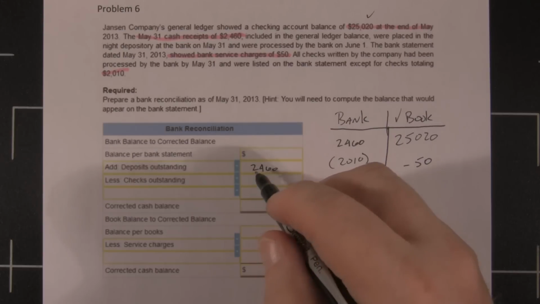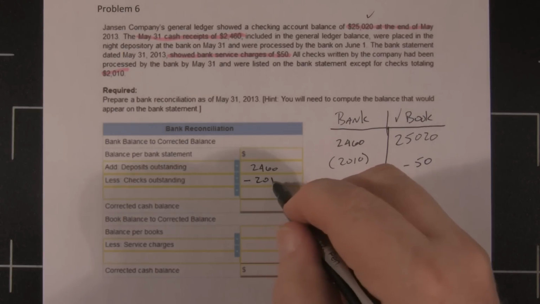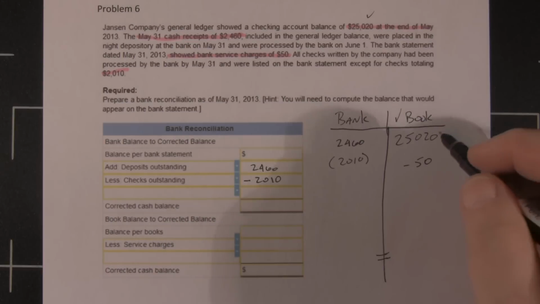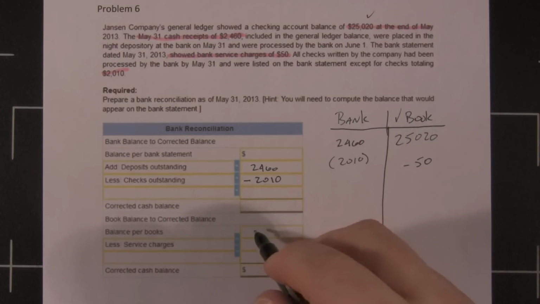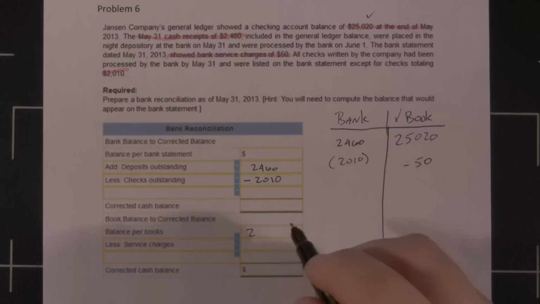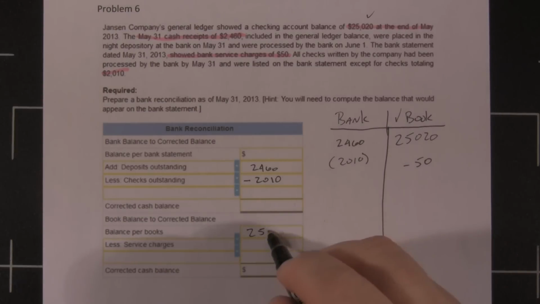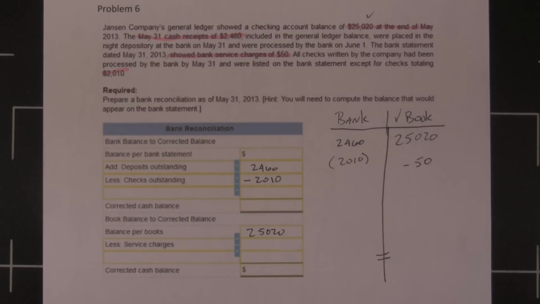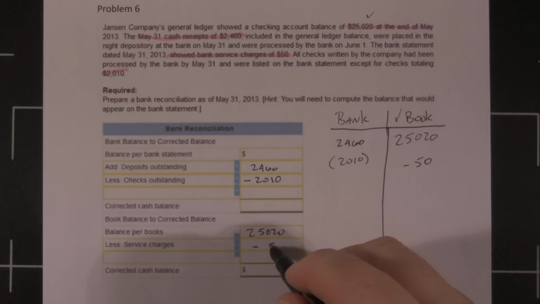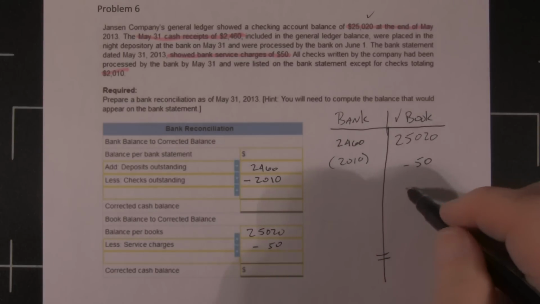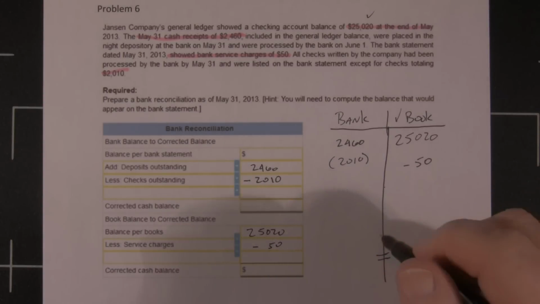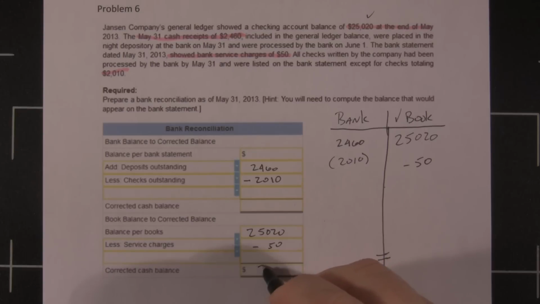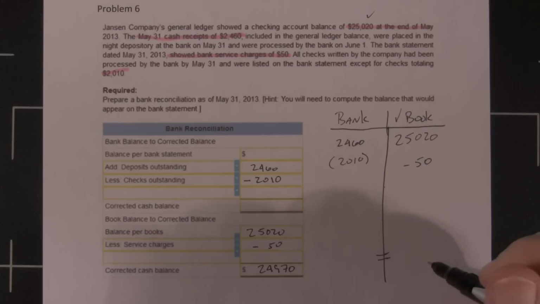Checks outstanding, we have to subtract. The balance for the checkbook is $25,020. The service charges are $50. So that's all we need to do for this. So that gives us $24,970. So that's the corrected cash balance.